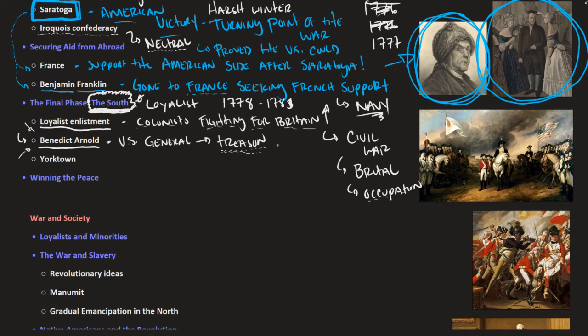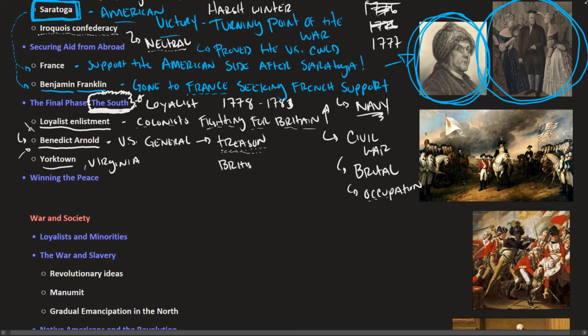And so during this last phase of the conflict, 1778 to 1781, the British Army is more or less marching unopposed until they get to Yorktown, Virginia. And at Yorktown, Virginia, the British Army, waiting for supplies, gets surrounded by U.S. forces by land and French forces by sea, essentially being trapped in the middle.